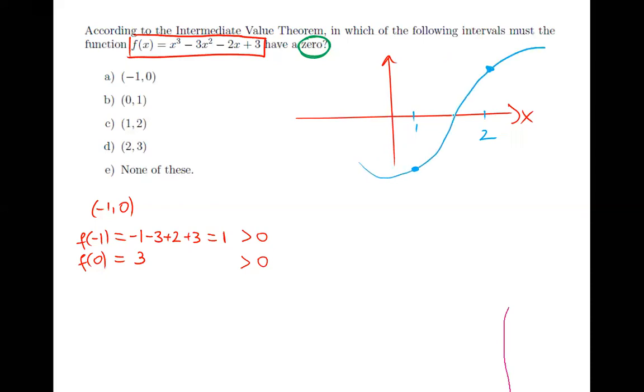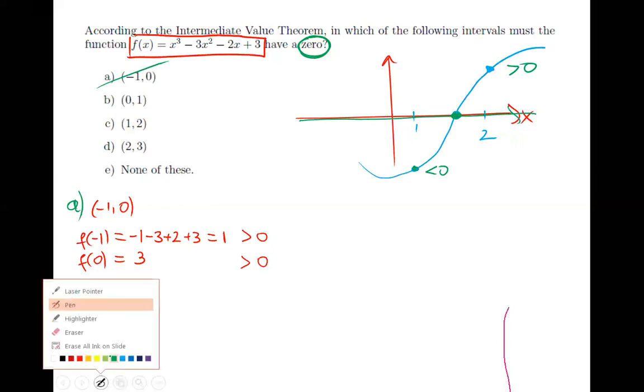Connecting these 2 points, I am intersecting the x-axis. That means I do have that 0. So one value must be negative, one value must be positive. For point A, both values are positive. That means that's not a guarantee. Please remember that's what we're looking for.